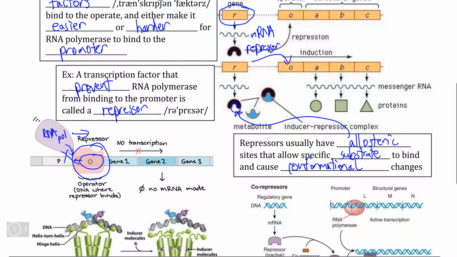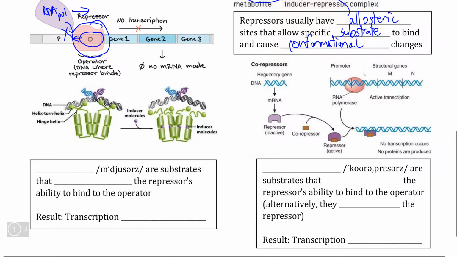Now, what these conformational changes do is affect the activity of the repressor protein and change its ability to bind to the operator and therefore change its ability to influence transcription.